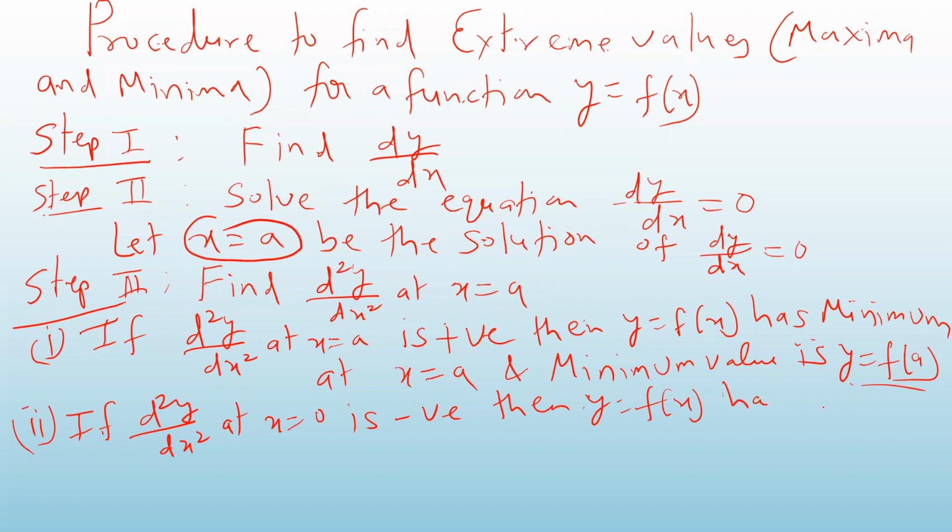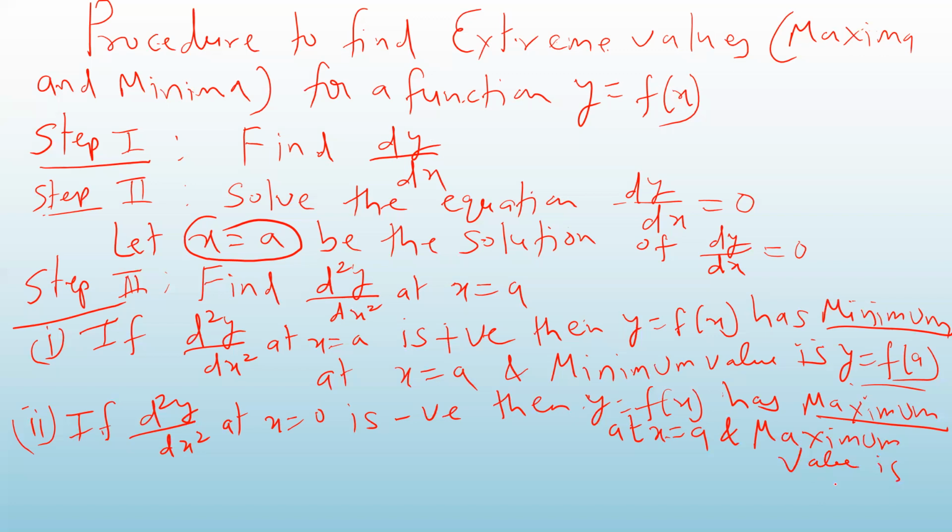So it is the sign of the second order derivative which will decide whether the function has maximum or minimum value. So it will have maximum value at x is equal to a. And what is that maximum value? How will you find out the maximum value? Maximum value will be given by y equal to f of a.